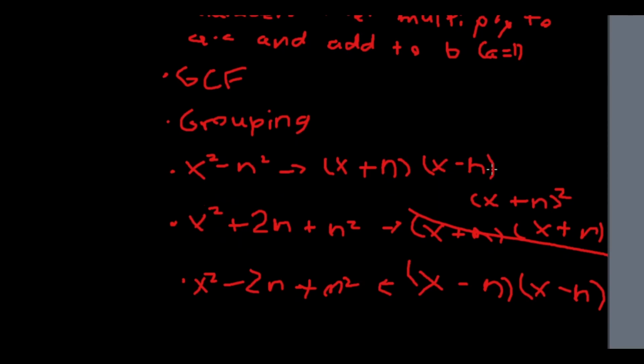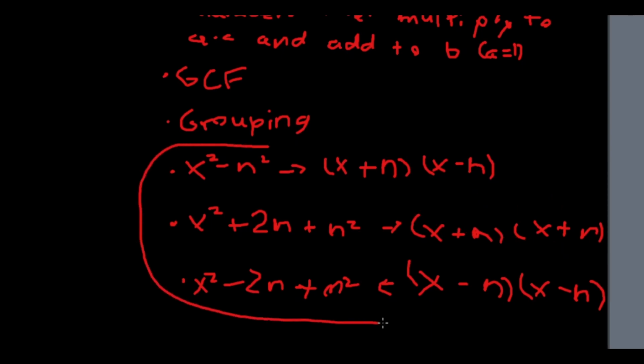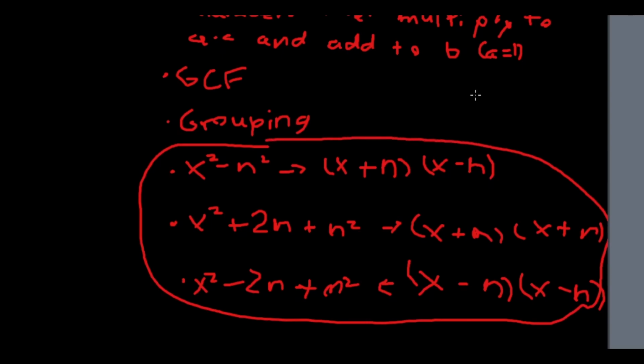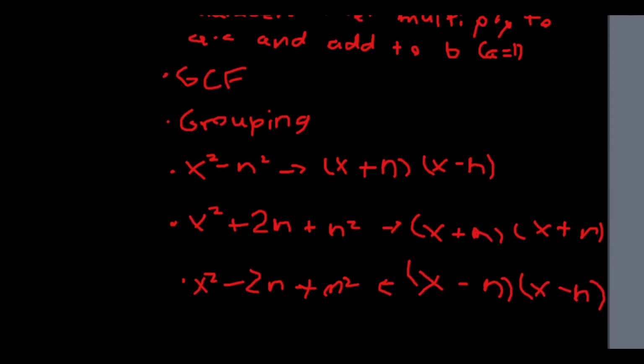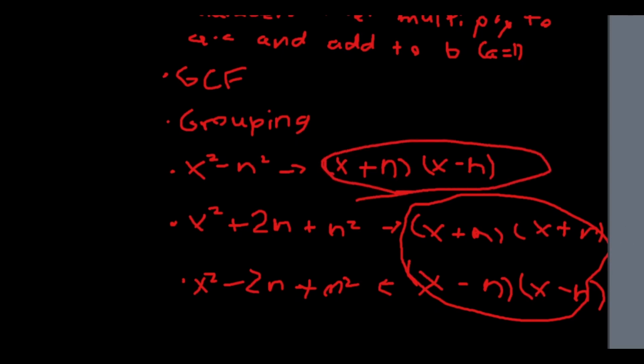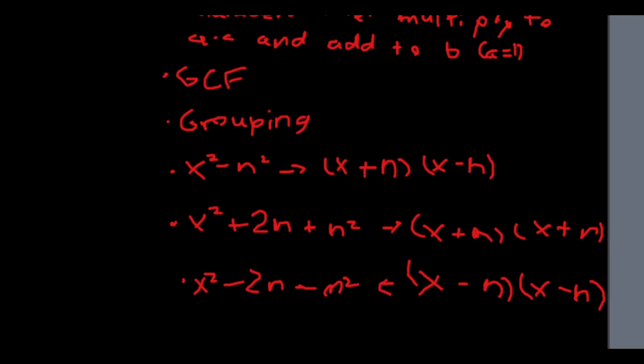And also with x plus n, x minus n, you can't simplify that. It's not x plus n squared, it's not x minus n squared. So what do you write it as? Well, you just write it fully. So that's why I'm writing them all out fully, just to show that these are very similar concepts in nature. It's just these two can be simplified to x plus n squared and x minus n squared, and this one can't. But who cares? We're not going to do that.